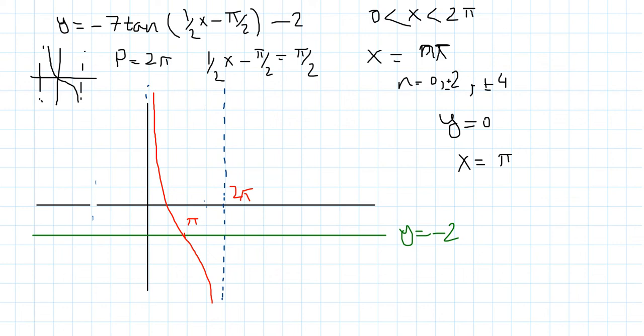Now I want to draw the graph of cot. So my example is y equals minus 6 cot(2x plus pi) plus 5.